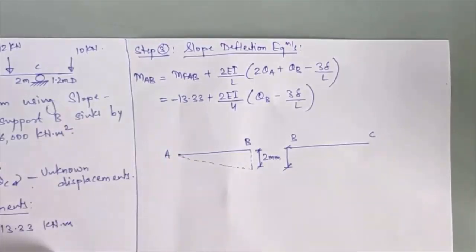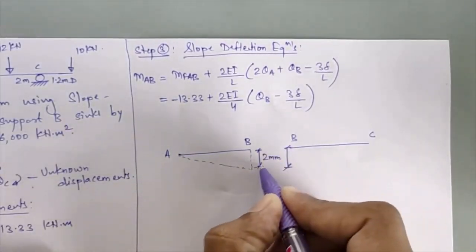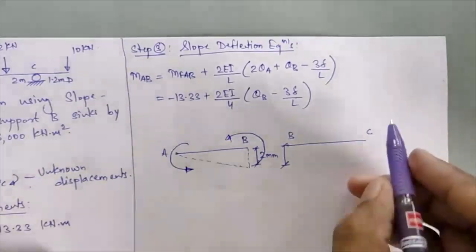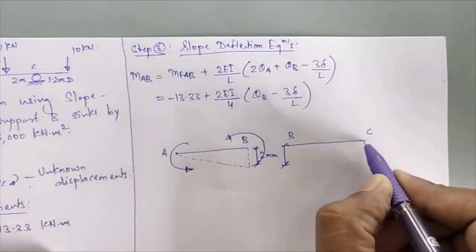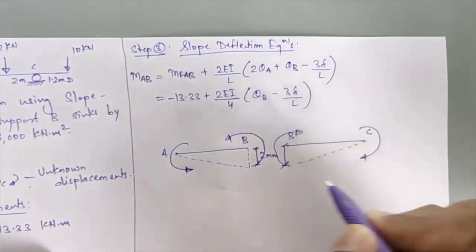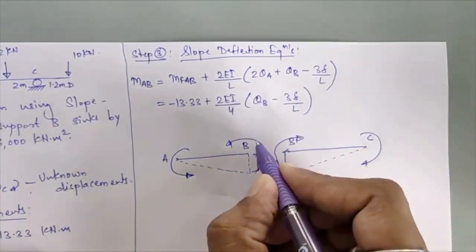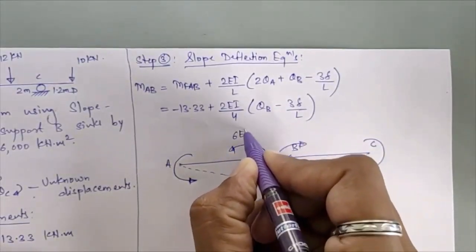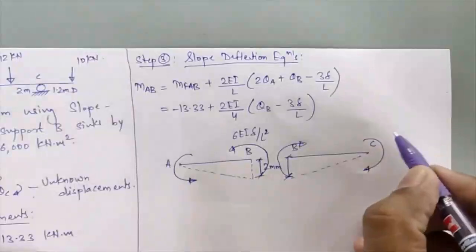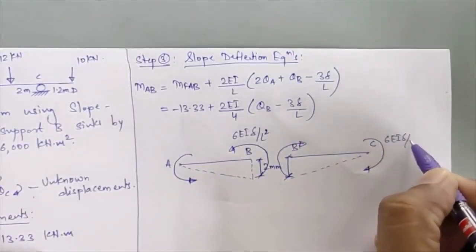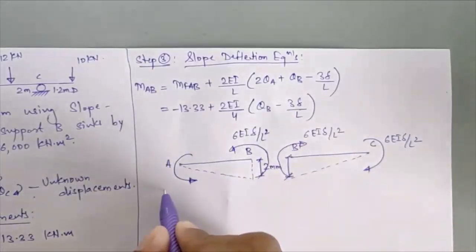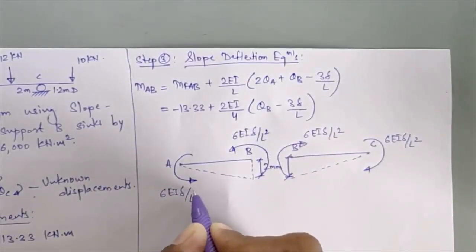In member AB, the pattern will be in this way, forming a translational rotation of anti-clockwise nature, and in the same way for member BC you'll have translational rotations clockwise in nature. Now the value will come as 6EI delta divided by L square. That is the same value we consider in this equation, and in the same way here you will get 6EI delta upon L square. These values will be at both the ends, 6EI delta upon L square, and here also you will get 6EI delta upon L square.